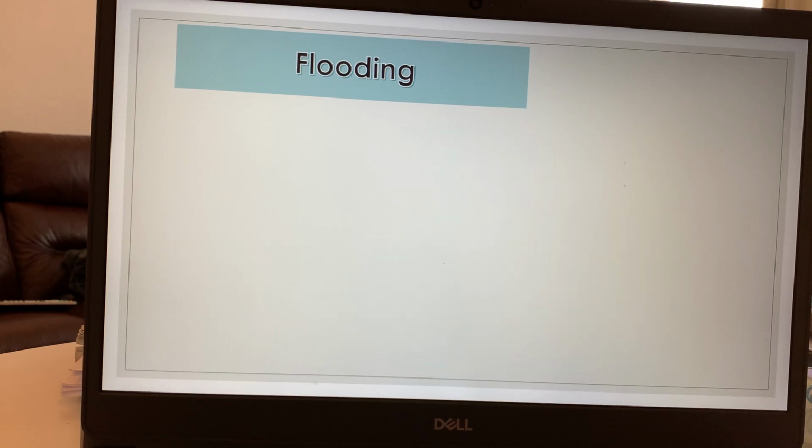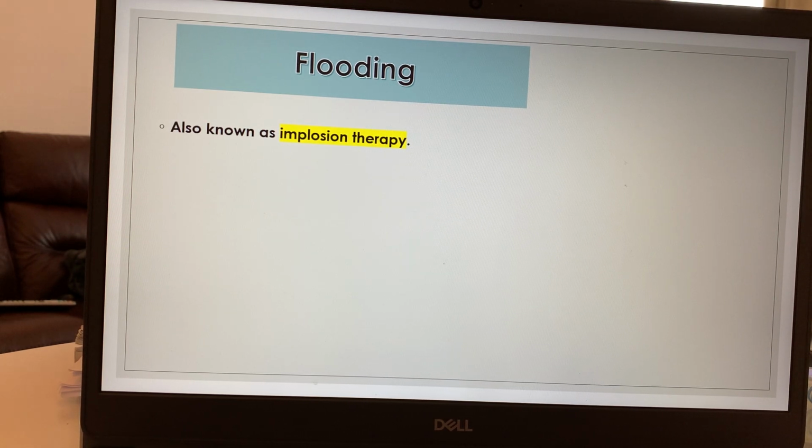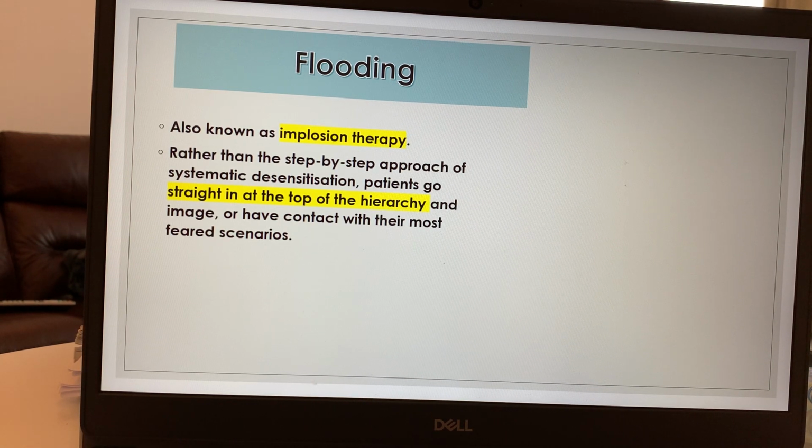So this is flooding. It's called implosion therapy because you are pushed in the deep end. Instead of having a hierarchy, there's no step by step, they're straight in at the top. So you go to a therapist and you say, I've got a phobia of spiders. Boom, there's a spider. You can't really do much about it apart from panic, and then it disappears and you're totally fine.